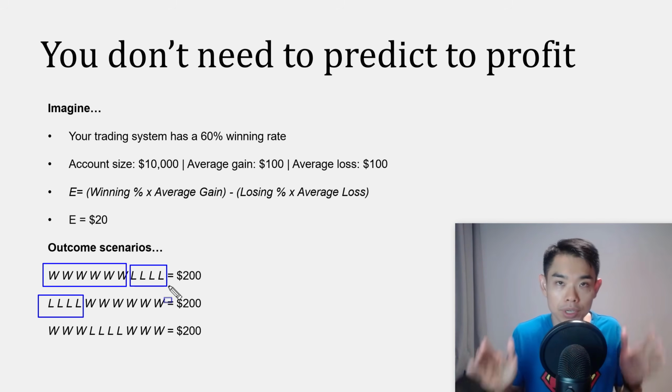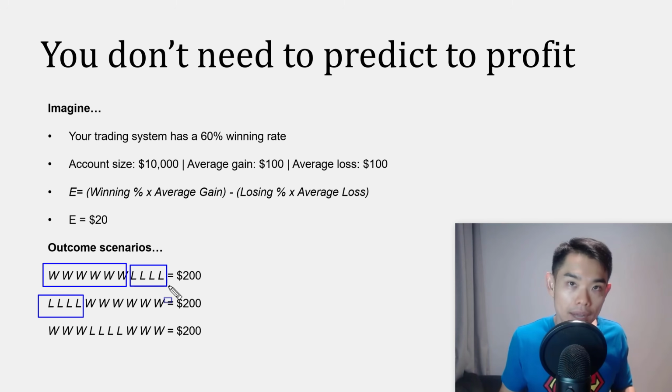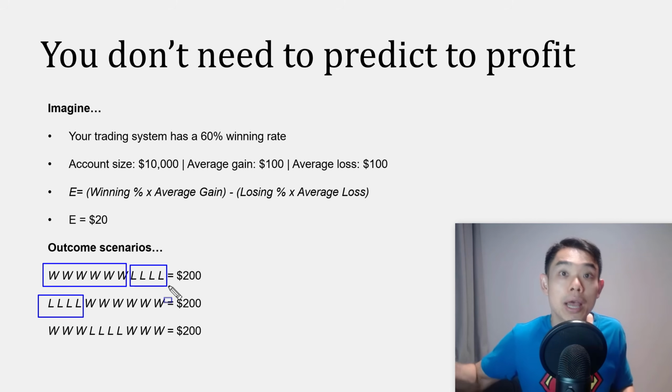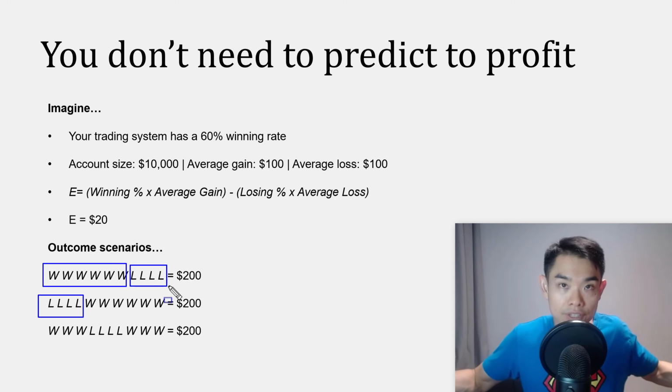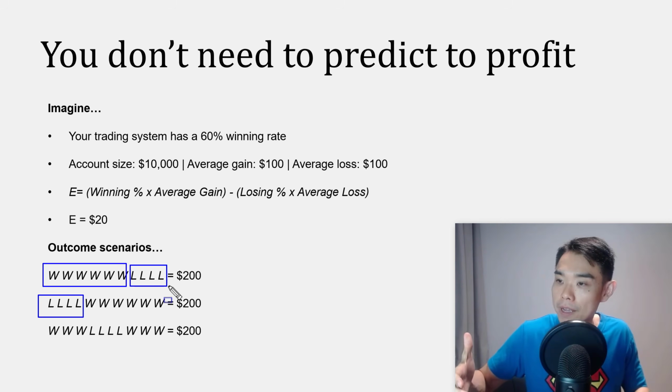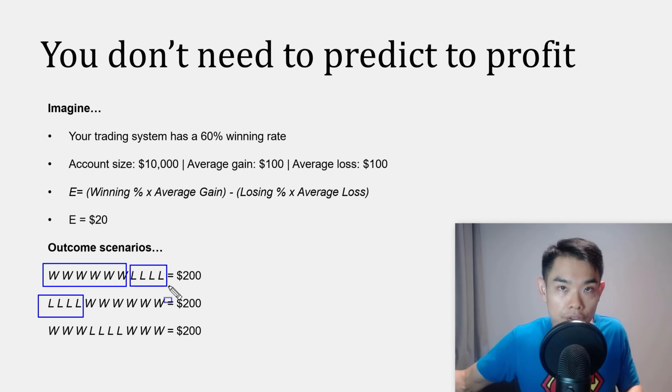But, and this is important, pay attention. If you have a proven trading system that works, if you have a positive expectancy, all you need to do is let your trading system do the work. All you need to do is let your edge play out. All you need to do is follow the rules of your trading system, and given a long enough timeline, a sufficiently large sample size of trades, you will come out ahead.